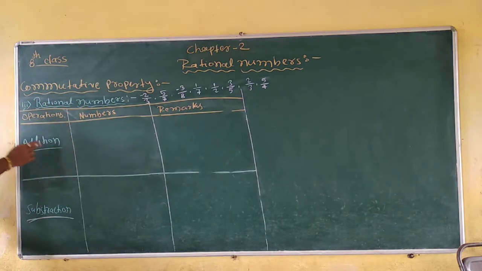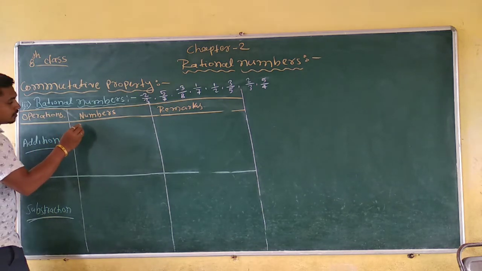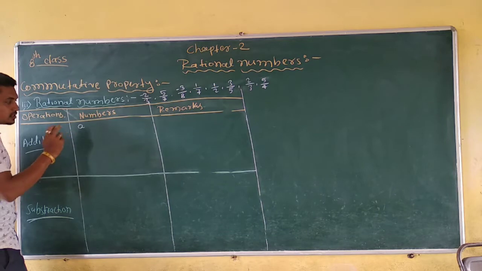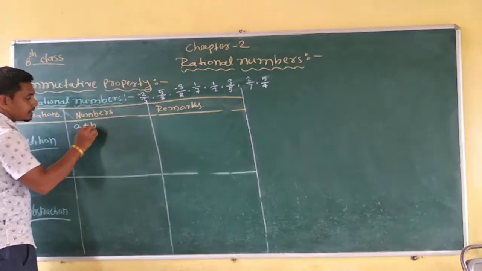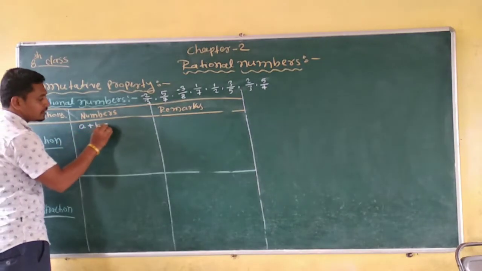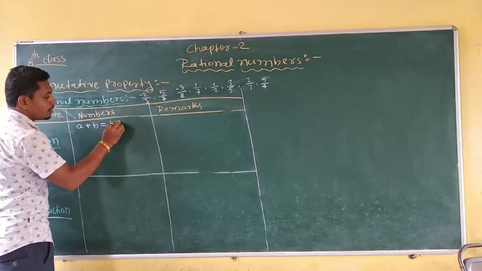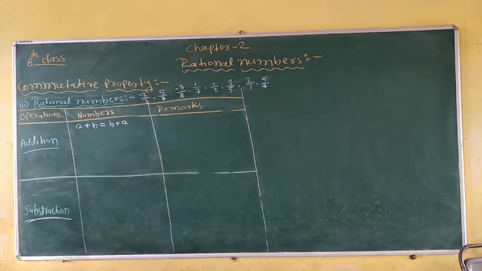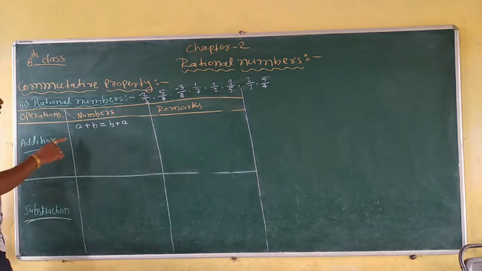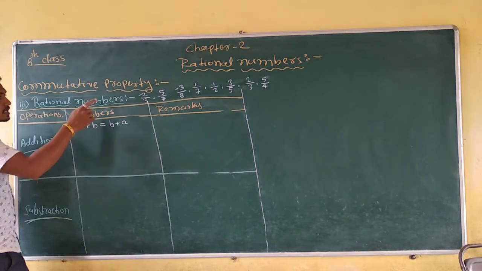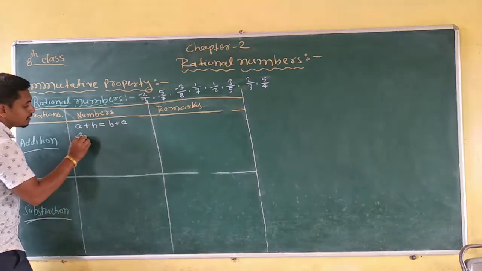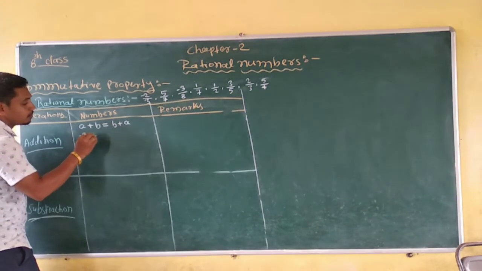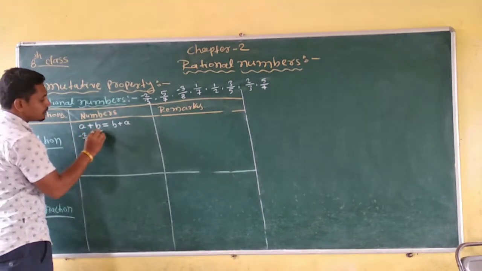This is the first operation, addition. See here, a is a rational number plus b is a rational number is equal to b plus a. That is, a plus b is equal to b plus a. Now I take a is equal to minus 2 by 3 and b is equal to 5 by 7.